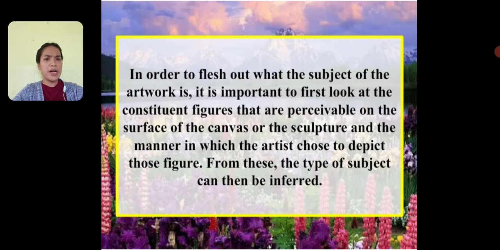In order to flesh out what the subject of the artwork is, it is important to first look at the constituent figures that are perceivable on the surface of the canvas or the sculpture and the manner in which the artist chose to depict those figures. From this, the type of subject can then be inferred.